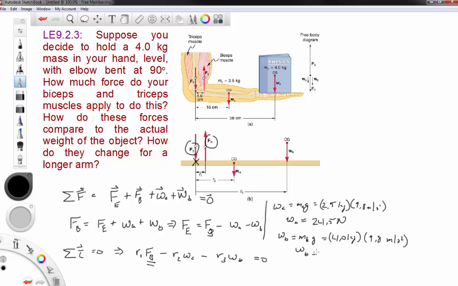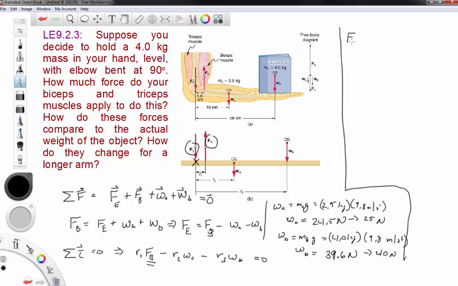And so this weight of the book is going to be 39.6 newtons. And if we were keeping track of significant figures, this is actually 25. This is actually 40 newtons because there's only two significant figures for each. All right, so let's go ahead now and solve.